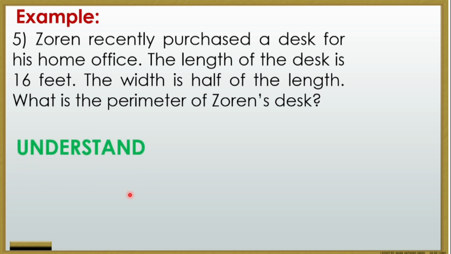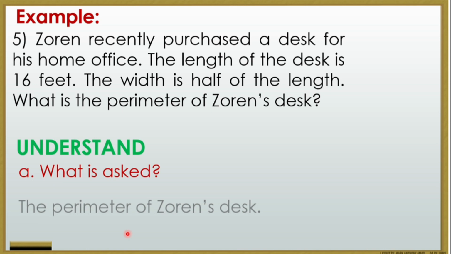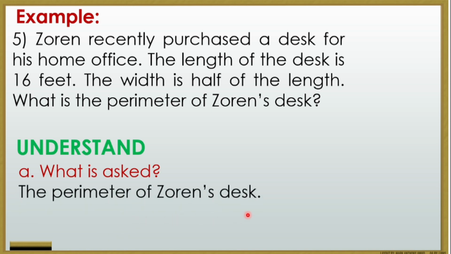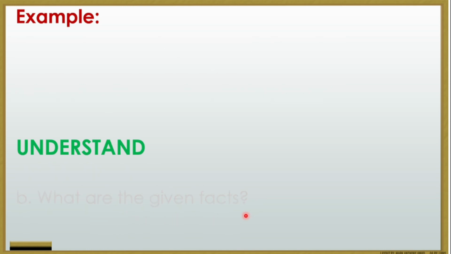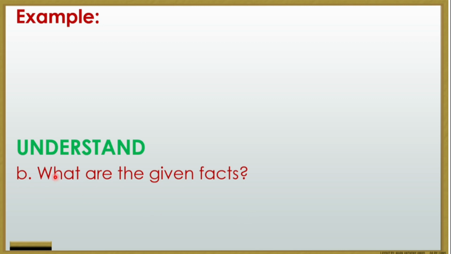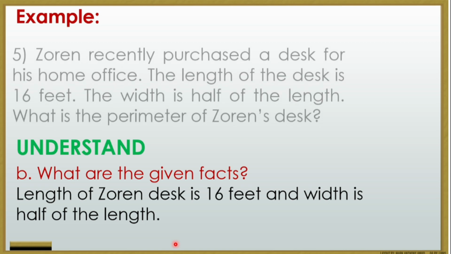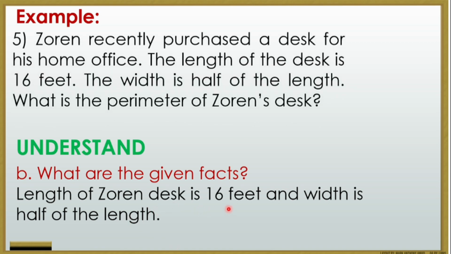Let's understand what is asked in the problem: the perimeter of Zoren's desk. And then, let's understand the given facts. The given are the length of Zoren's desk is 16 feet and the width is half of the length.